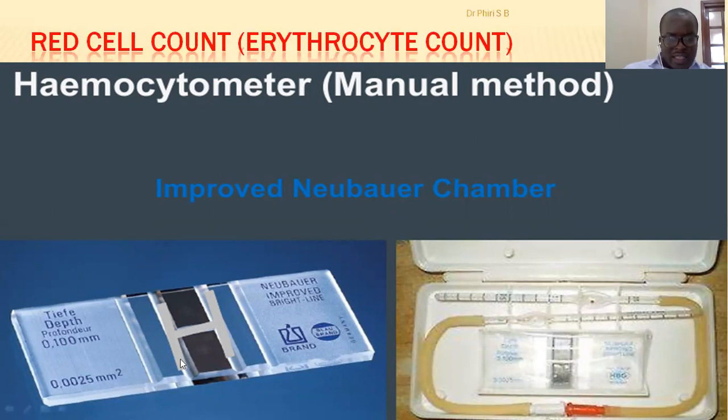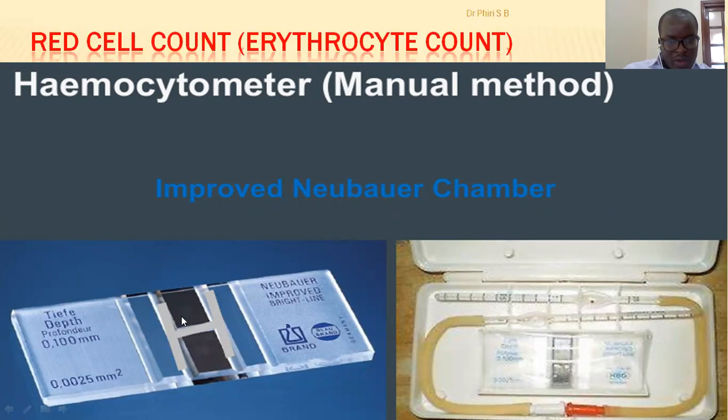When you check at the center of the improved Neubauer chamber, you have the H-shaped lines in silver separating two portions. You can see the H-shaped lines in silver here. Then you have this dark portion and the other dark portion that is separated by this part of the H. In these dark portions, at the center, you can see some structure which looks like a plus or a cross. This is where you do your counting of blood cells.